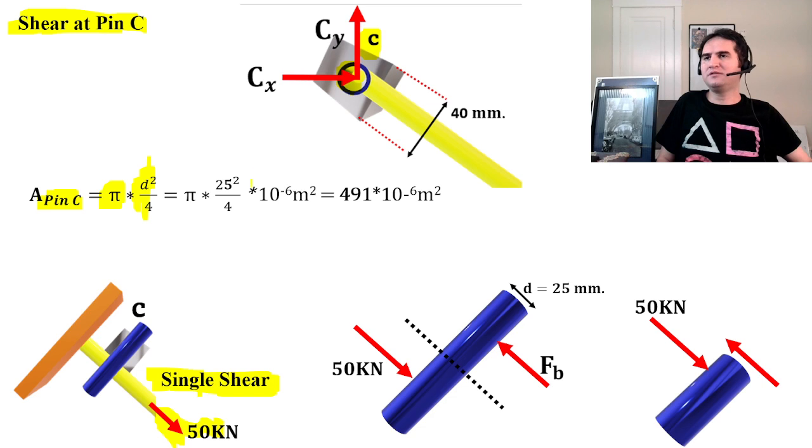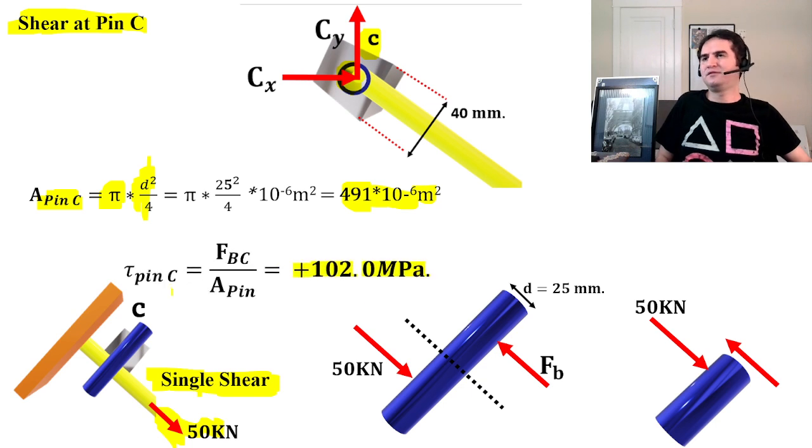So that's 25 squared over 4 times pi, and that gives you this much area. And if you go for tau at pin C, that's a force of 50 over the area of the pin, which is 491 times 10 to the negative 6, and if you do the math, it gives you a positive 102 megapascal.